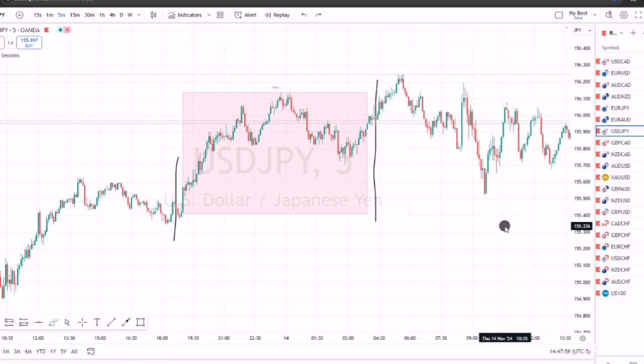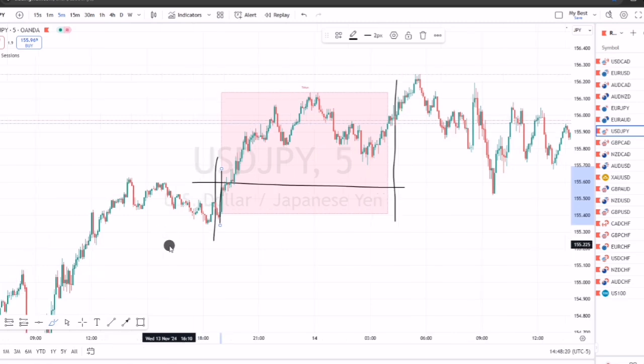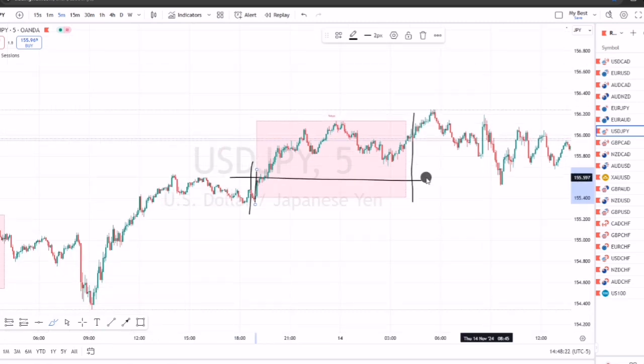For example, for me, I don't usually trade USD JPY because it is best to trade it during the Tokyo session. And the Tokyo session on my side, it starts at 2 a.m. There is around midnight for me. So usually during that time I am asleep, okay? Makes it difficult for me to trade that.